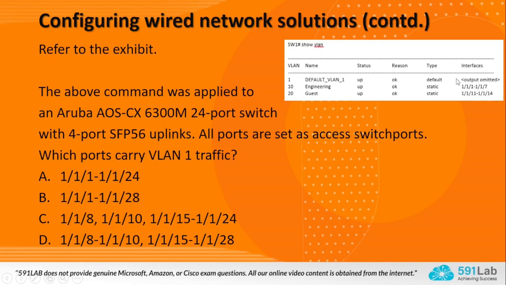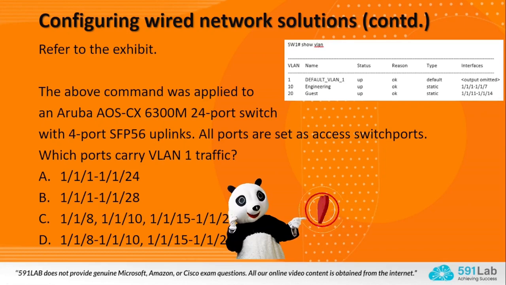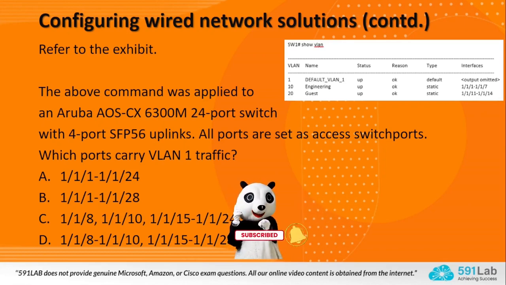So 8, 9, 10 are not assigned to VLAN 10 or 20, so they should be on VLAN 1. Then 11 to 14 are assigned to 20. From 15 up to 28 are assigned to VLAN 1 because they just remain in VLAN 1. So let's check the answers.